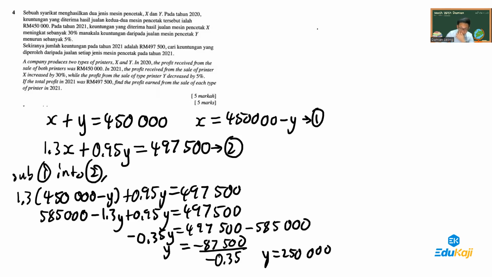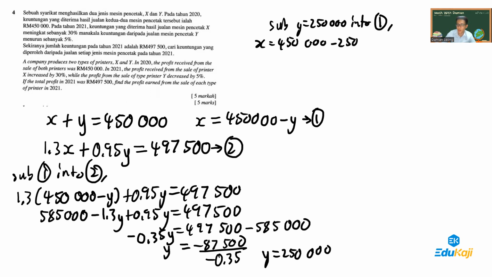Then substitute that into X. Substitute Y equals 250,000 into equation 1. X will be 450,000 minus 250,000, which is 200,000. Yeah. Okay.